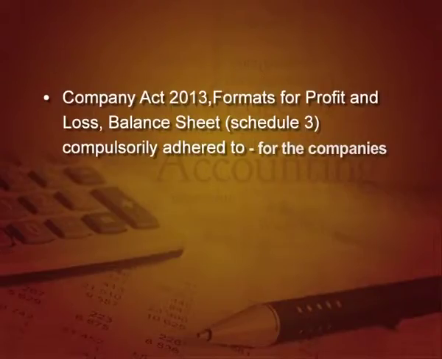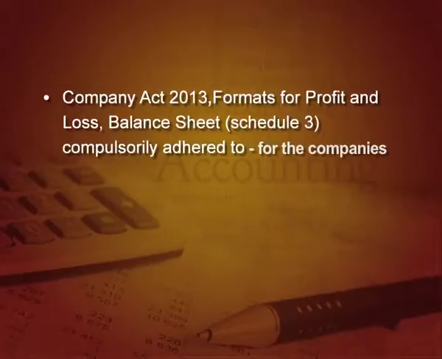For this purpose, Company Act 2013 has also prescribed formats for profit and loss account and balance sheet as per Schedule 3. These have to be compulsorily adhered to for the companies.